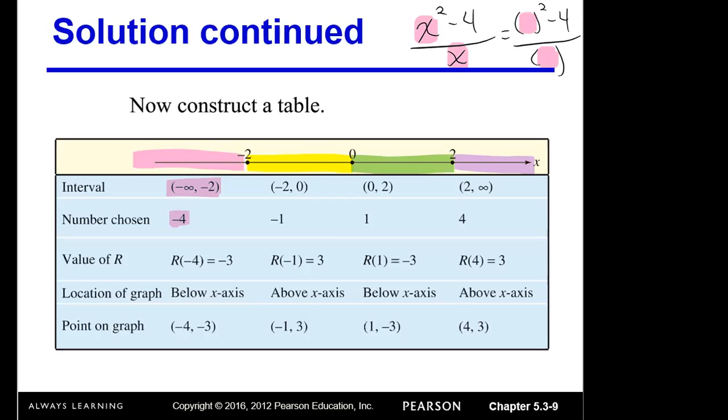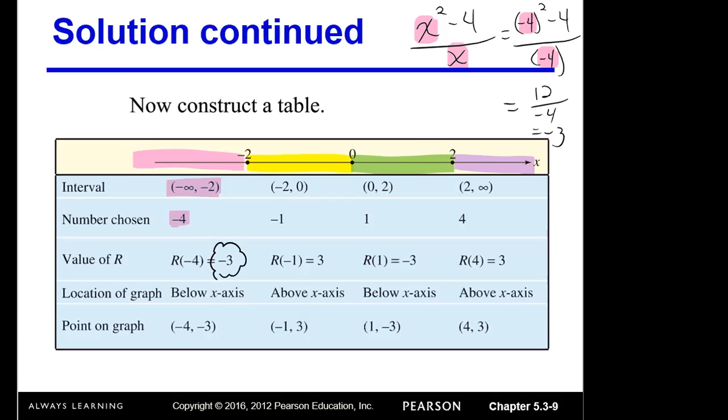So in this case, they're plugging in -4. And that gave them, for the numerator, positive 16 minus 4 is 12. 12 divided by -4 is -3. And that's what they got right here. Look at that, -3. Remember the value of r, they write r of -4. It's just your y coordinate.